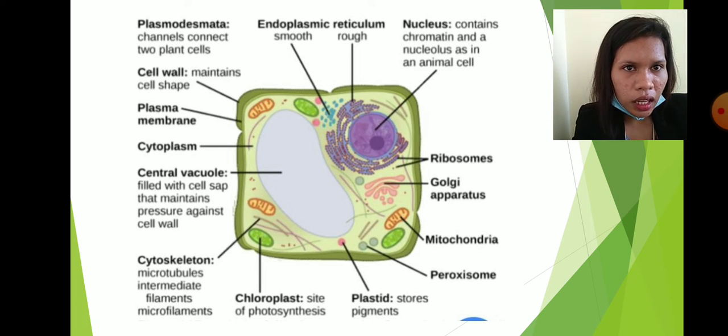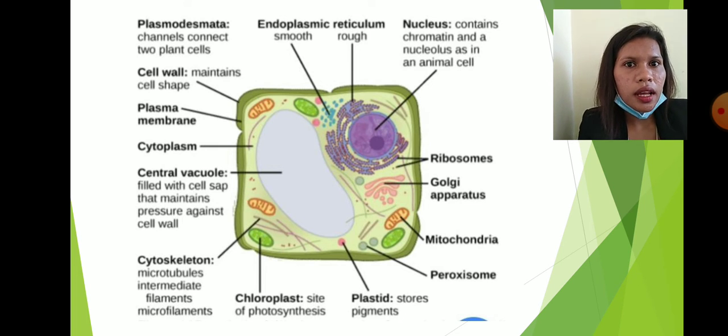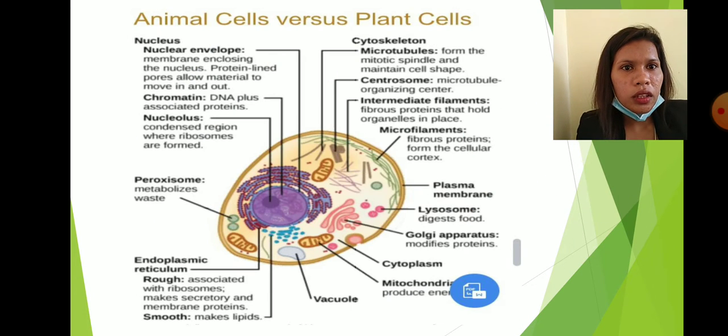Lahat ng nakapaloob dyan sa cell wall contains many nucleus and cells. So, marami siya. And next, ito naman yung sa animal cell versus plant cell. So, ito yung sa animal cell. Makikita natin yung cell wall niya is bilog.